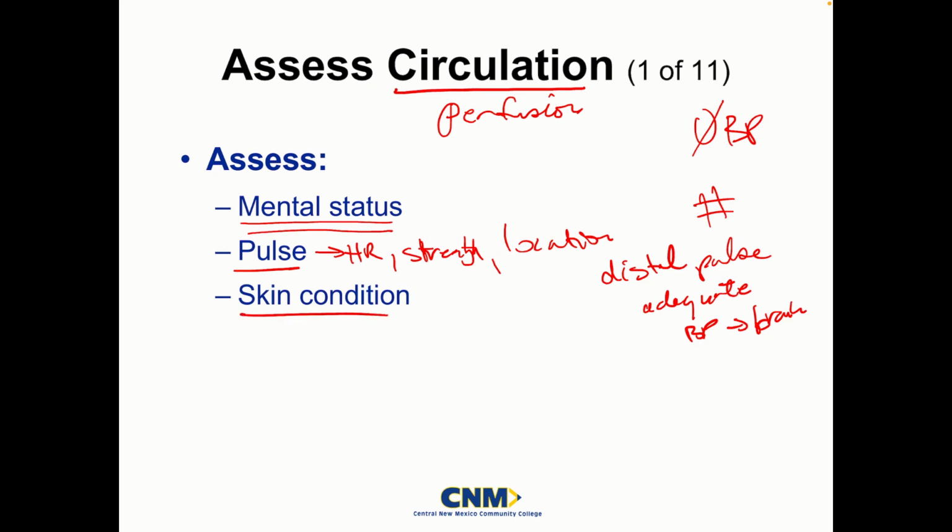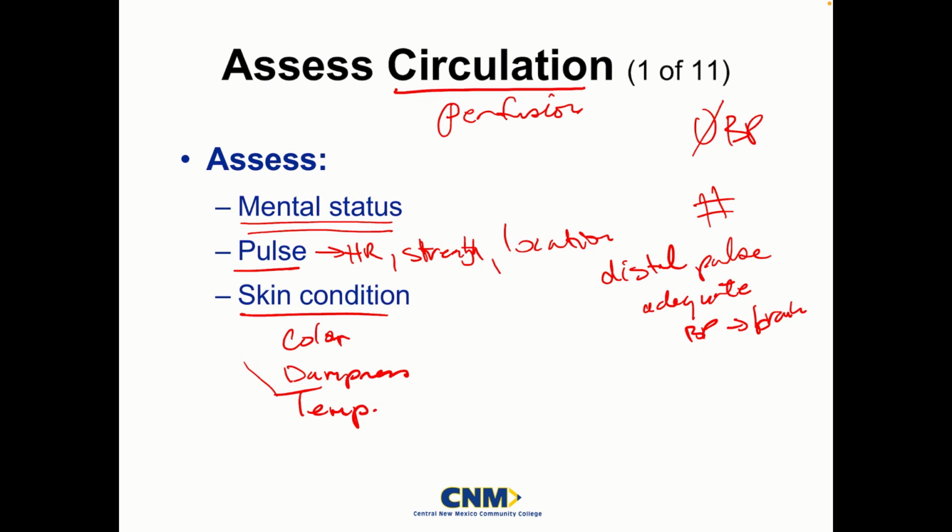Skin condition tells us about circulation as well. So we check the skin for skin color. Pink is the normal color, and that's regardless of what their underlying skin color is. Pink means kind of normal skin color for that patient. We're going to check the dampness, right? So is this really dry? Are they sweaty? And then we're going to check their temperature.